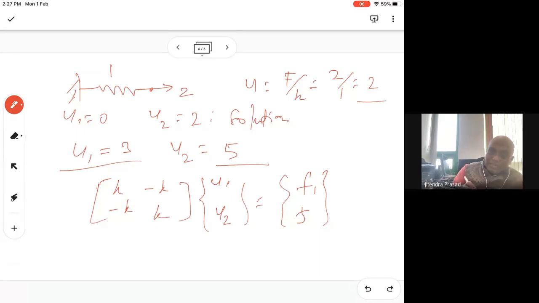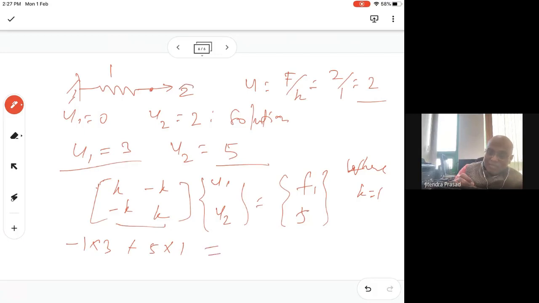We have minus k, and k equal to 1. So we have minus 1 multiplied by u1, which is 3, plus 5 multiplied by 1, should be equal to, sorry, it should not be 5.